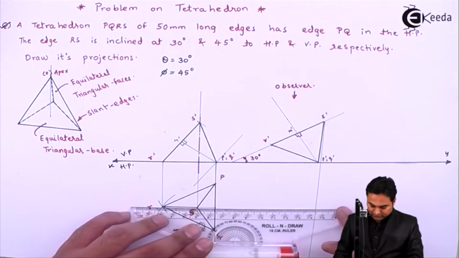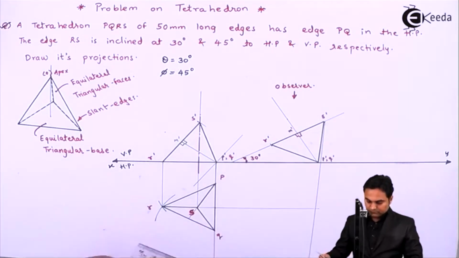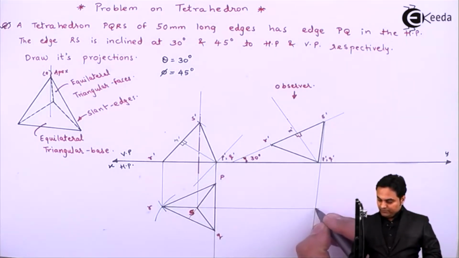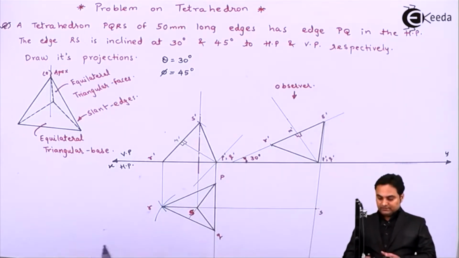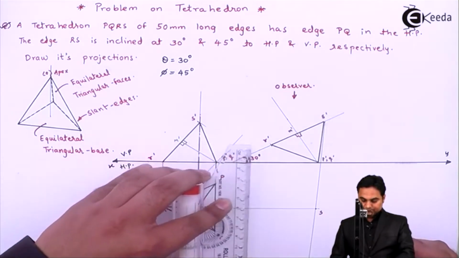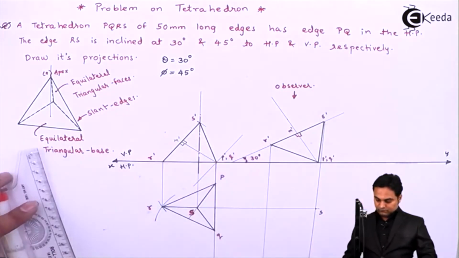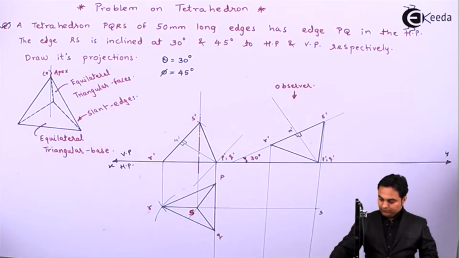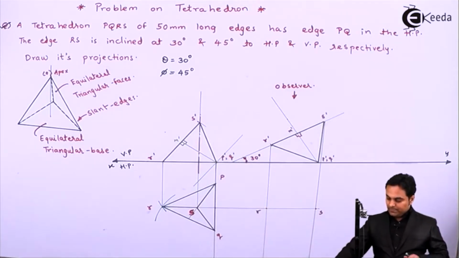And then S from the top view. Wherever they intersect, that gives me point S. Then R dash from the front view. Then point R from the top view. So we have R here.